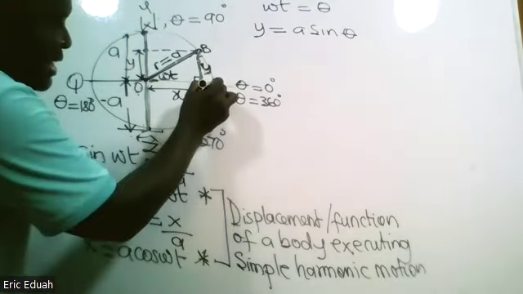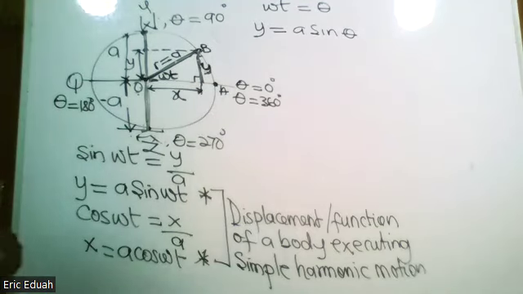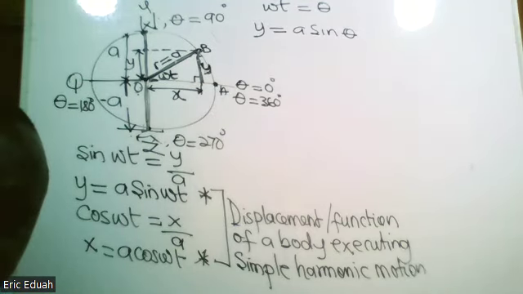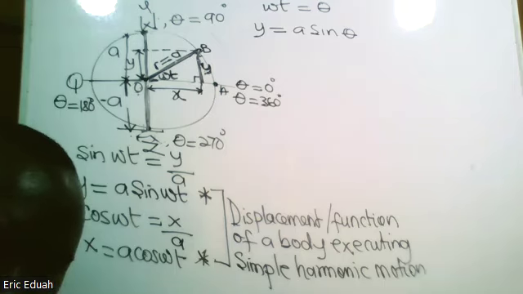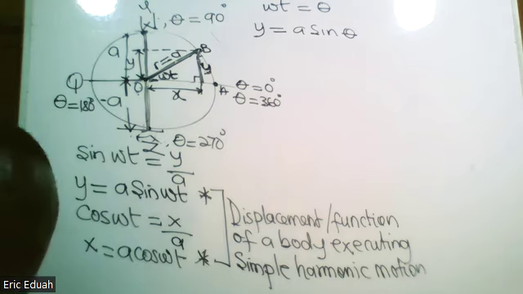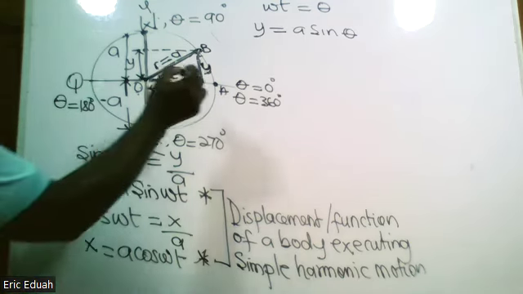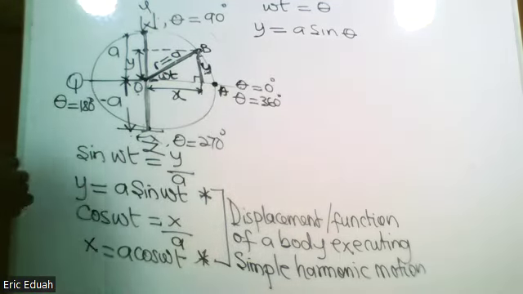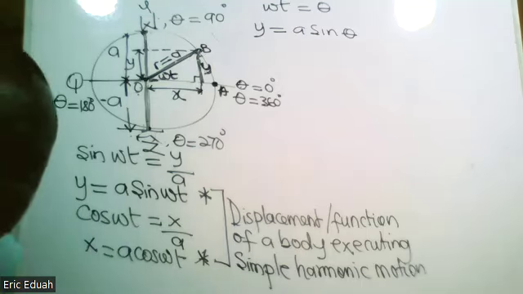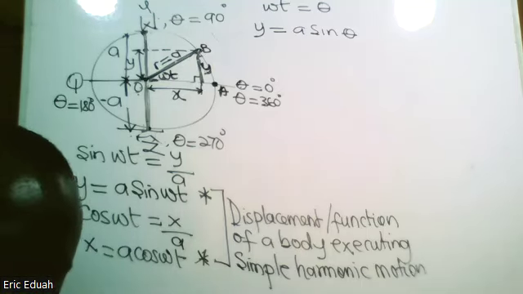Now, when the body is at A, can somebody guess the displacement of the body along the vertical, along the y-axis? The body is here at A, where theta is 0 degrees.